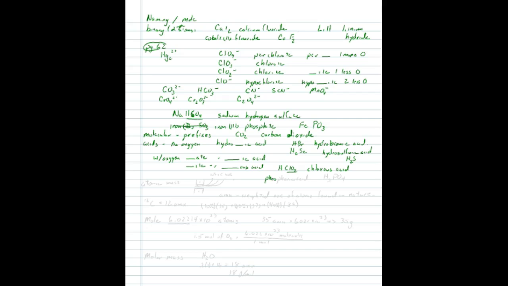Phosphoric acid. Acid starts with an H. Phosphoric, it's an ic, so it's an ate, so that's phosphate. 1 plus, 3 minus, so you got an H3PO4.